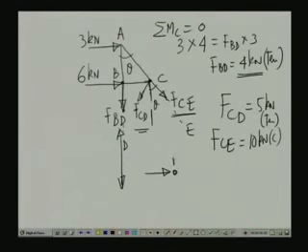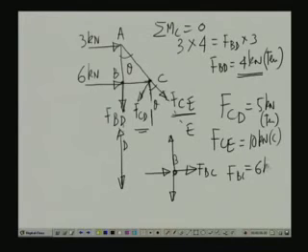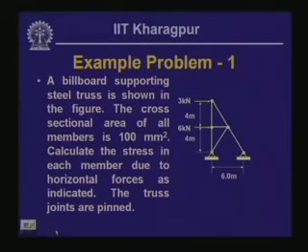This is joint B. We have member AB, member BD, and member BC, for which the force will be FBC, and the value of FBC from this will come as 6 kilonewton, which is a compressive force. So once we get the forces in each of these members, the force divided by the cross sectional area will give me the stresses in each member, and that is how we compute the stresses in the members.